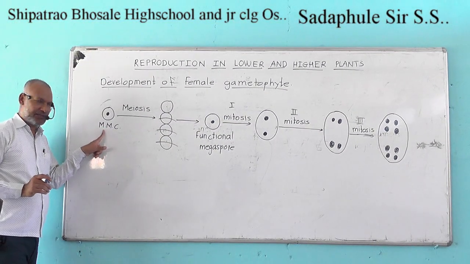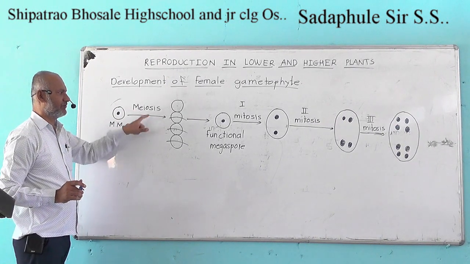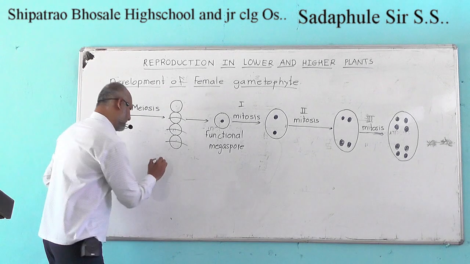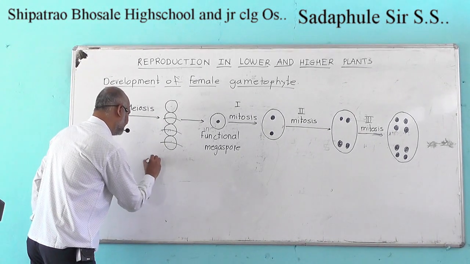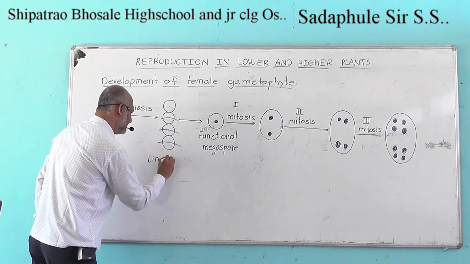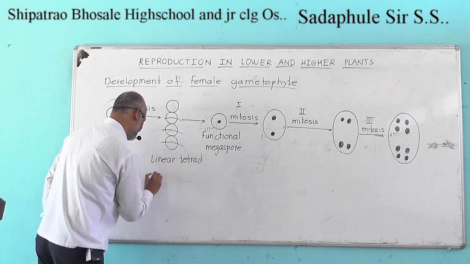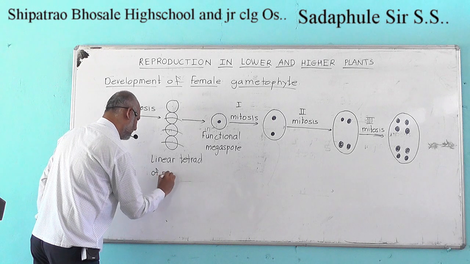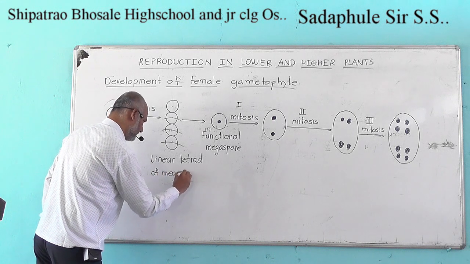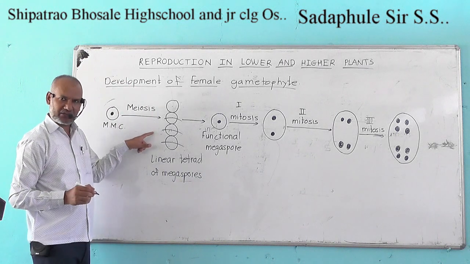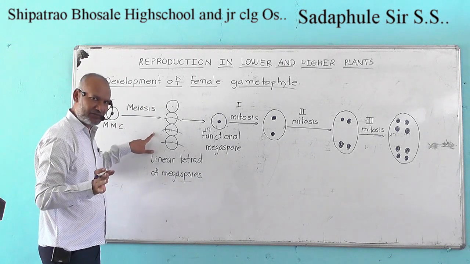Megaspore mother cell divides by meiosis to form 4 haploid megaspores, which are present linearly, termed as a linear tetrad of megaspores. Out of these 4 megaspores, 3 micropylar megaspores are non-functional.